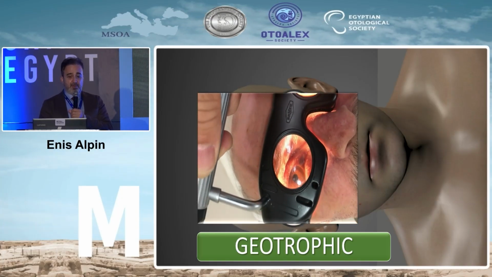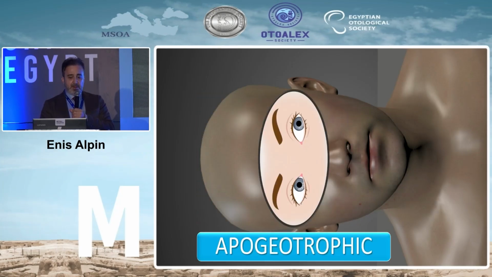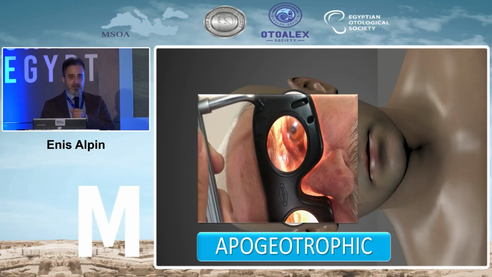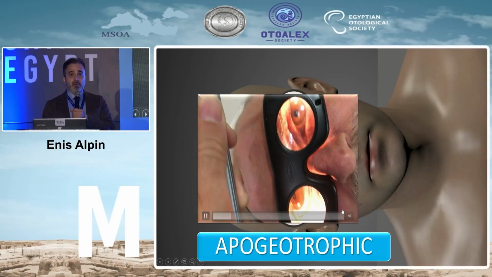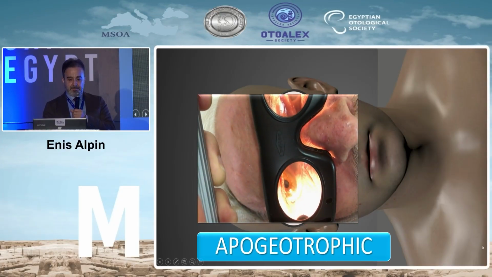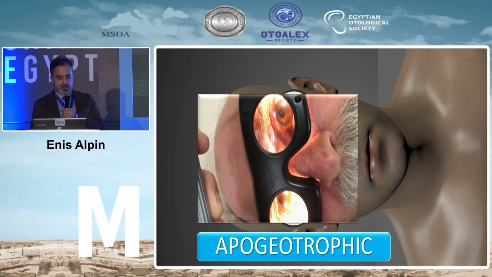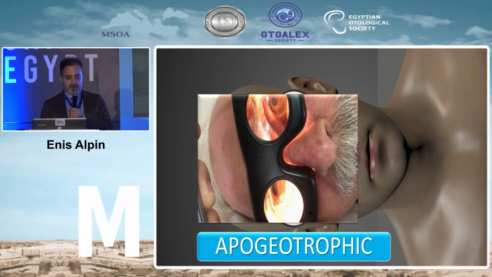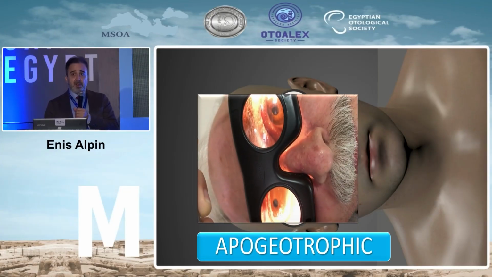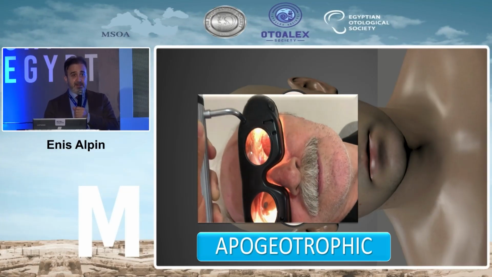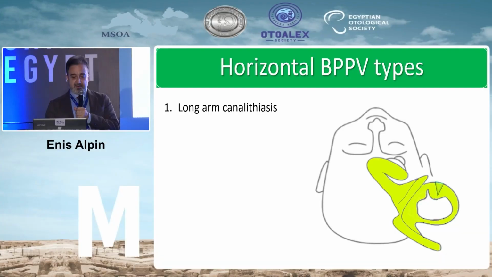This is the most common form. And the other one is apogeotropic, which means towards the sky. Okay? And these are always horizontal, no rotatory components, because the horizontal canal is connected to medial and lateral rectus muscles.